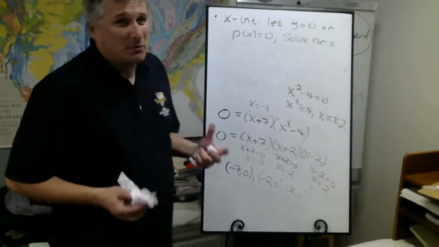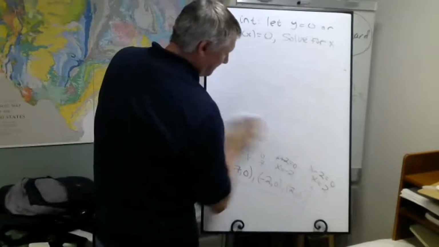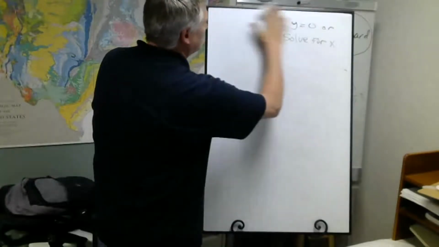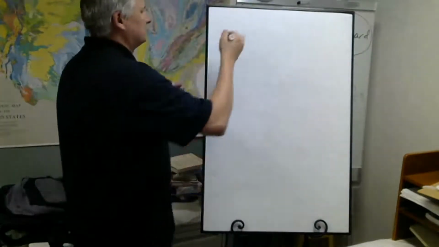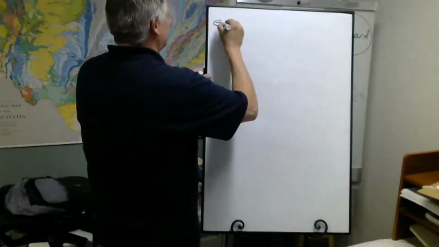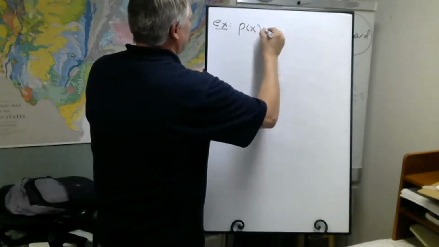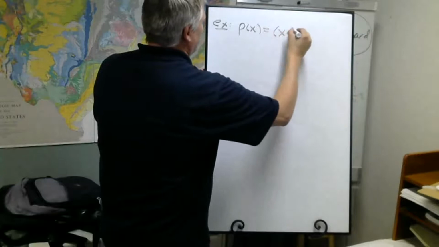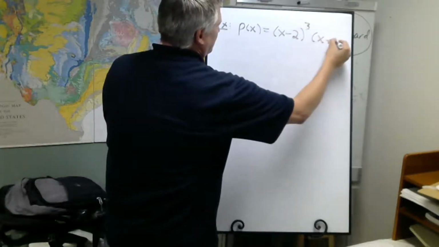So this brings up an issue, multiplicity. What is multiplicity? Well, sometimes a zero or a root has multiples of it. So for example, p of x equals x minus 2 cubed times x plus 4.